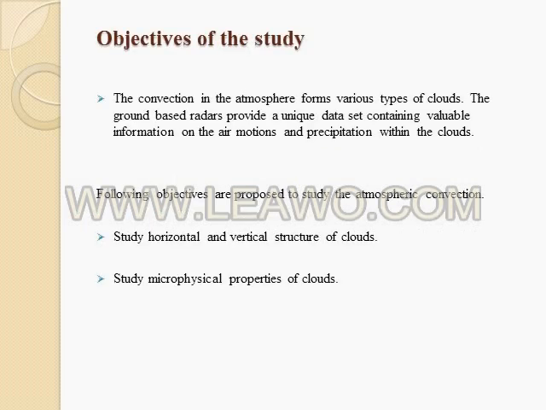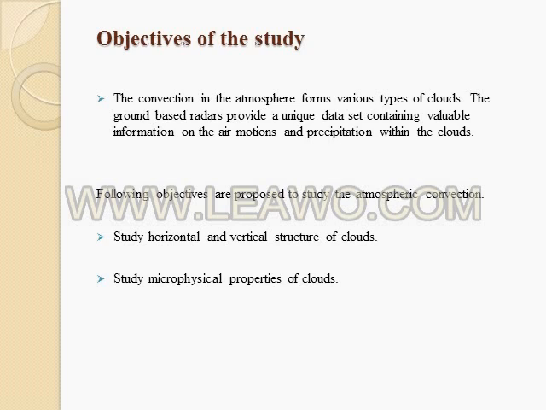So these are the objectives of our study. The convection in the atmosphere forms vigorous types of clouds, as we know already, and the ground-based radars that we are using provide a unique data set containing valuable information on the air motions and the precipitation within the clouds. So these are a few objectives of our study.